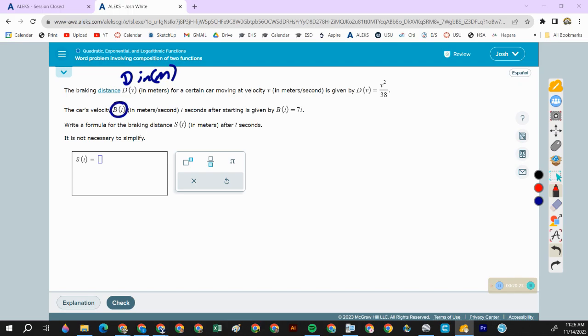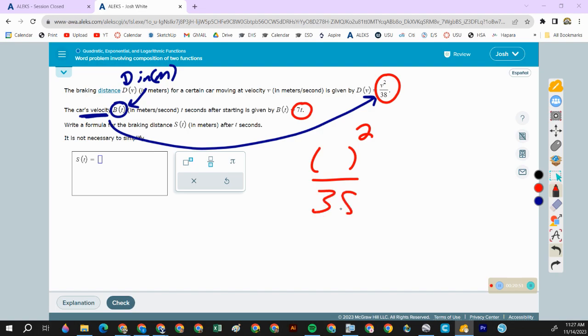What is this? That is the velocity. So am I going to plug distance into the velocity formula or velocity into the distance formula? I'm going to plug velocity into the distance formula, right? This is asking for a time, and this is asking for a velocity. So it has to be this with a 7t on the inside.